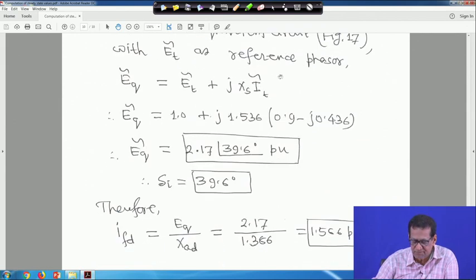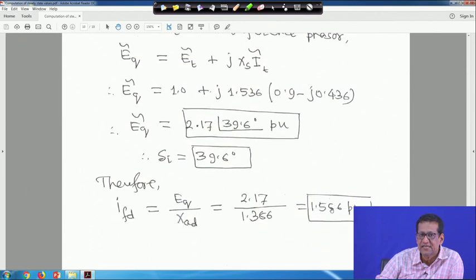Therefore, IFD magnitude is EQ upon XAD. So, EQ we got 2.17 and XAD we have computed 1.386. So, it gives 1.566 per unit, that is the current.